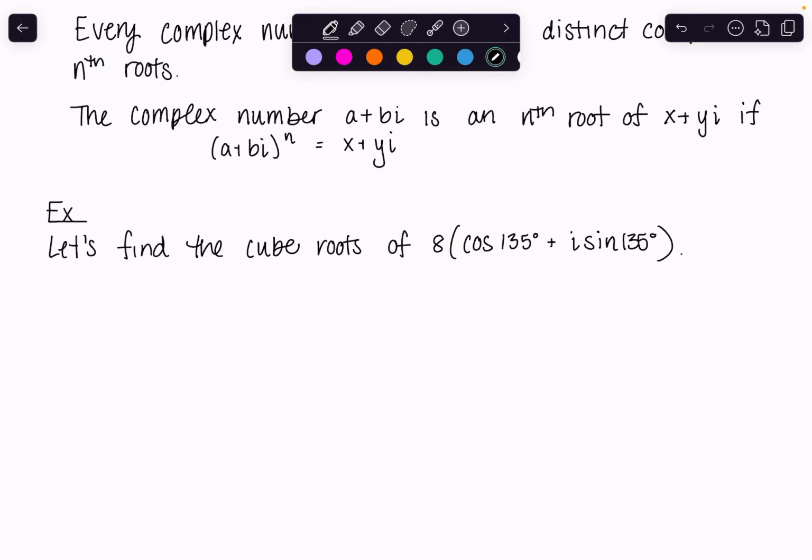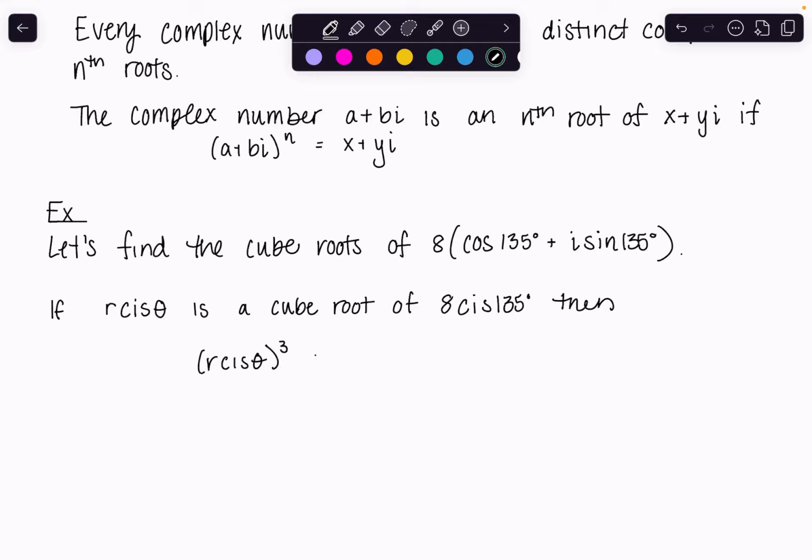So the idea is here, if I have a number, r cis theta, if this is a cube root of the number that's given, 8 cis 135 degrees, then if I take this number and I raise it to the third power, it's going to equal 8 cis 135 degrees, okay?